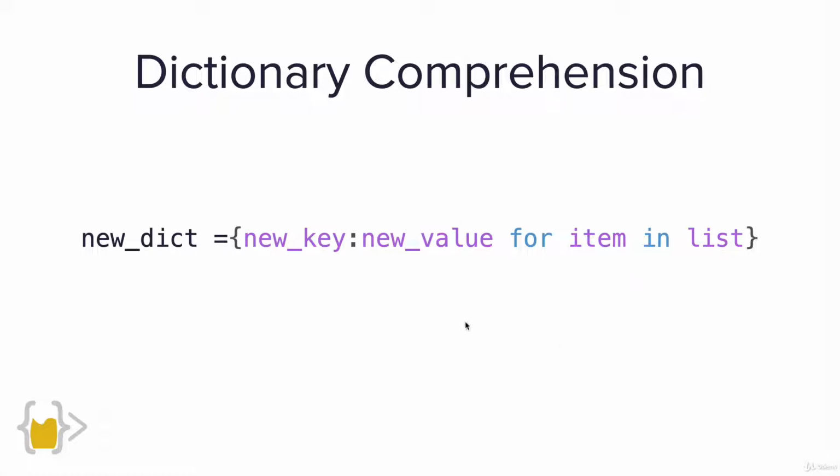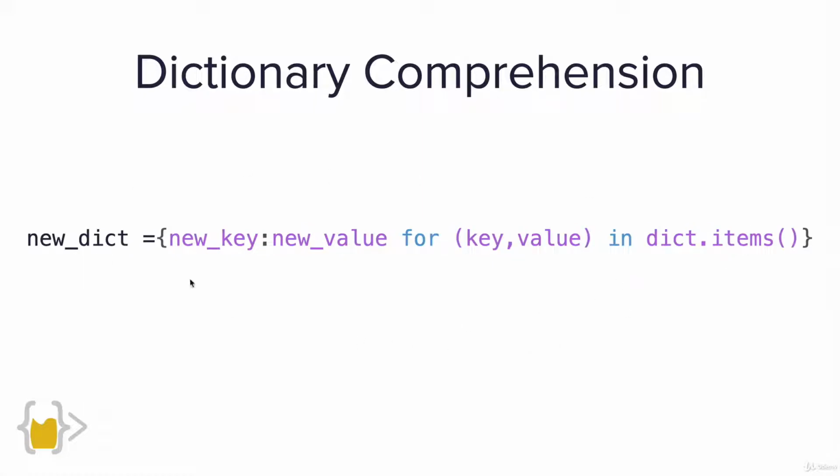We could take this one step further. We could also create a new dictionary based on the values in an existing dictionary. So we could take that dictionary and then get hold of all of the items inside that dictionary and then split it into a key and a value.